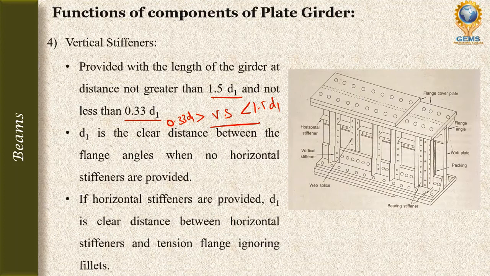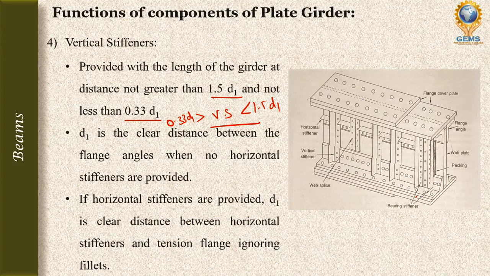So what is d1? D1 is the clear distance between the flange angles when no horizontal stiffeners are provided. From the top flange to the bottom flange, that clear distance where no horizontal stiffeners are provided, we will calculate as the distance d1. When the horizontal stiffeners are provided, then d1 is the clear distance between the horizontal stiffener and the tension flange, ignoring fillets.